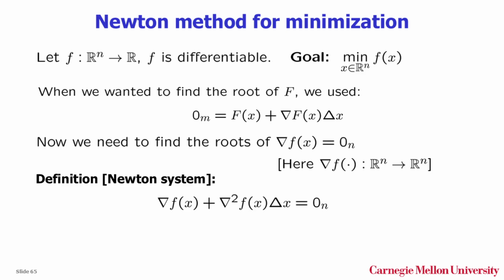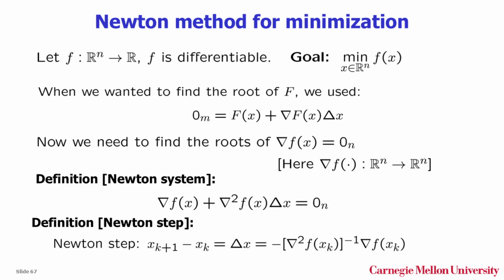We need to solve this for delta x, which is called the Newton step. Thus, the Newton step is given by delta x equals minus the inverse of the Hessian times the gradient of f. Setting xk plus 1 minus xk equals delta x, we obtain the recursive update rule for minimizing f.